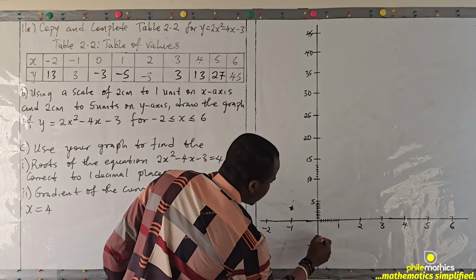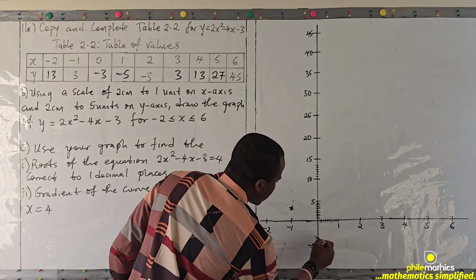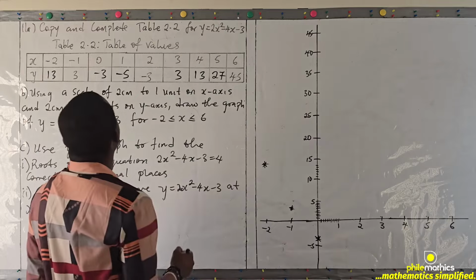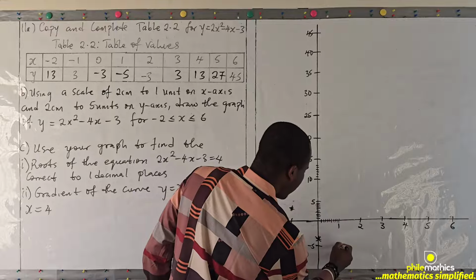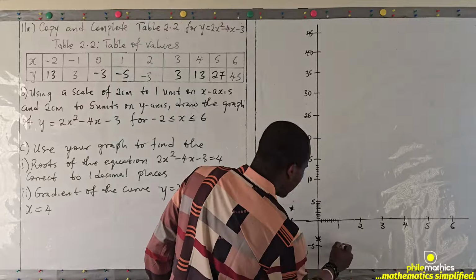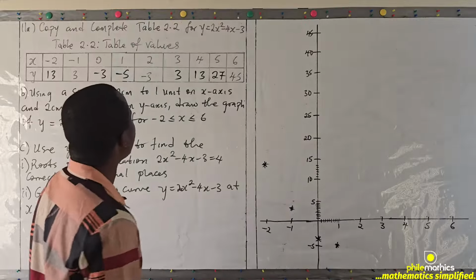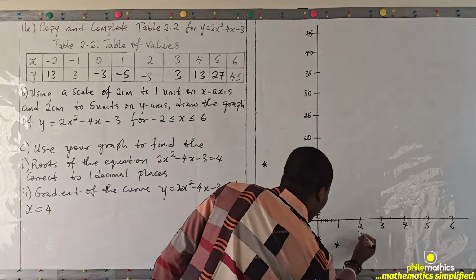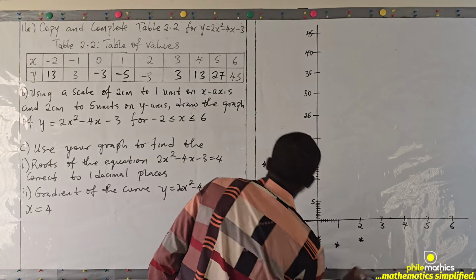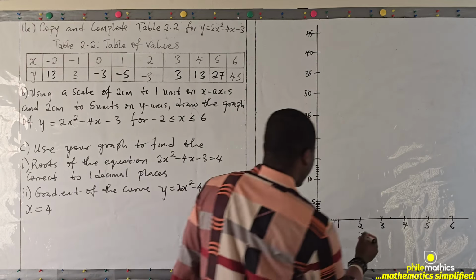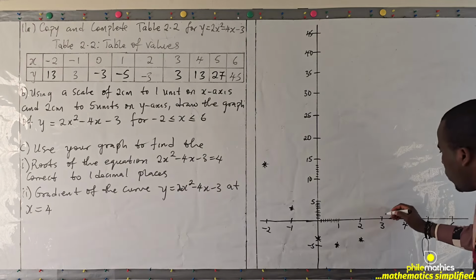Minus 3 will be at this point. For 1, we have minus 5. For 2, we have minus 3. For 3, we have 3.